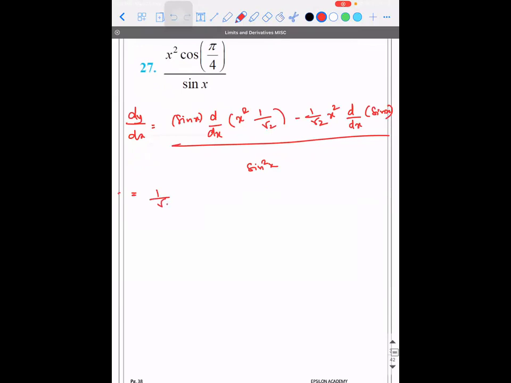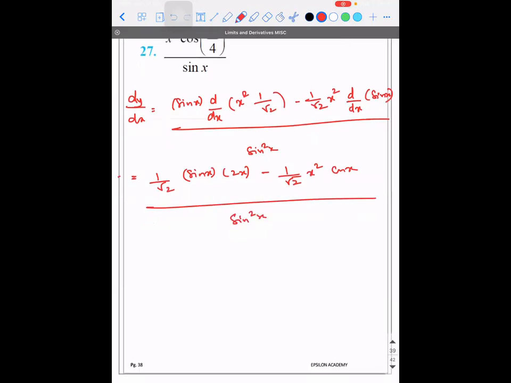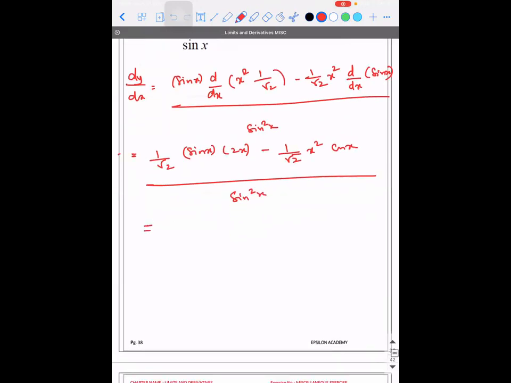So that will be 1 by root 2 into sin x into derivative of x square, which is 2x, minus 1 by root 2 into x square into derivative of sin x, which is cos x, the whole divided by sin square x. So what are we left with? 1 by root 2 sin square x into 2x sin x minus x square cos x. Can you check the answer and tell me?